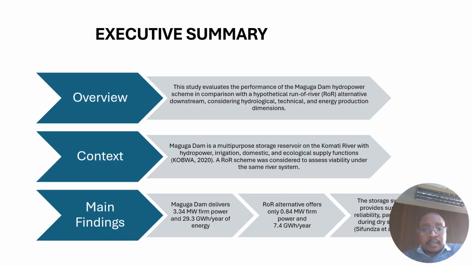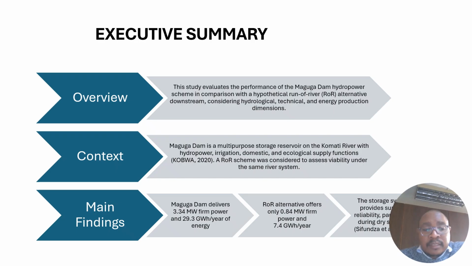Then on the executive summary, the presentation will be as follows. The overview, which will look at the performance of the hydropower dam scheme in comparison with the run-of-river system downstream.